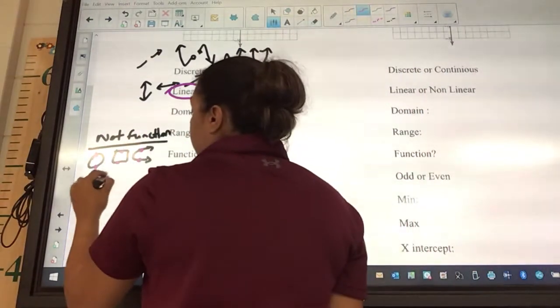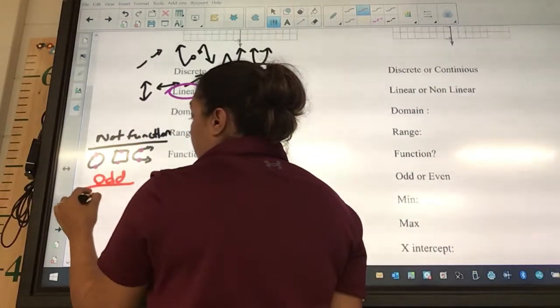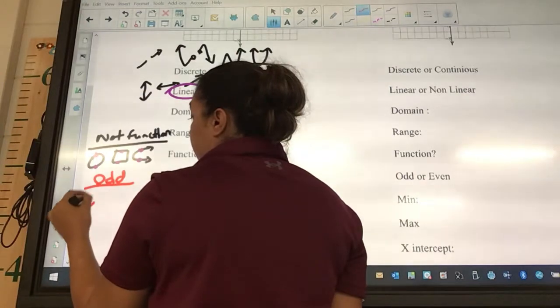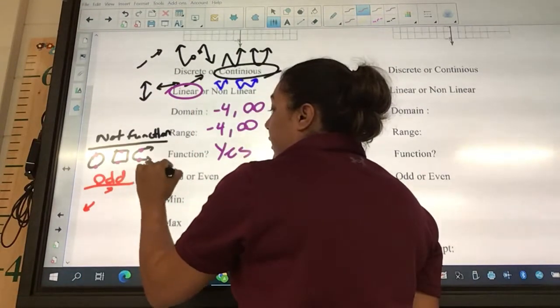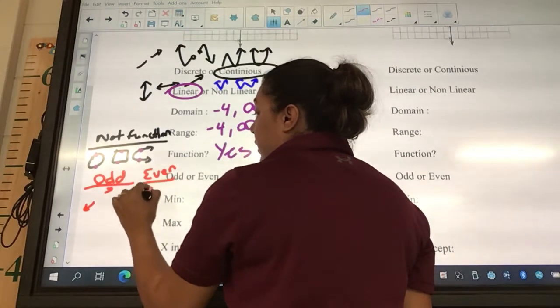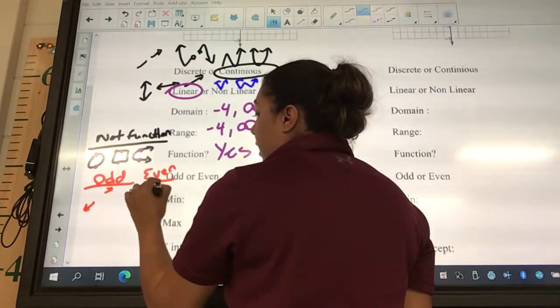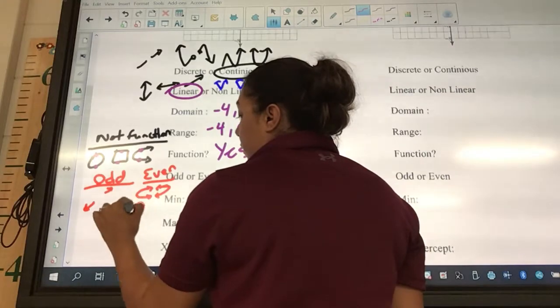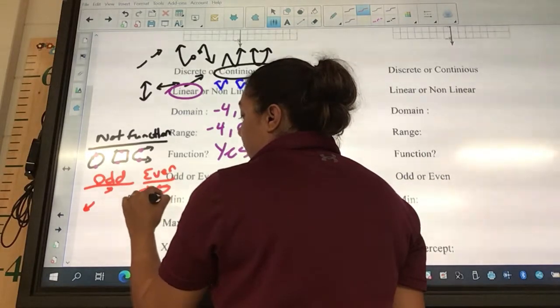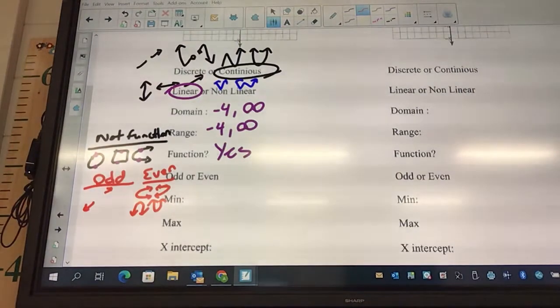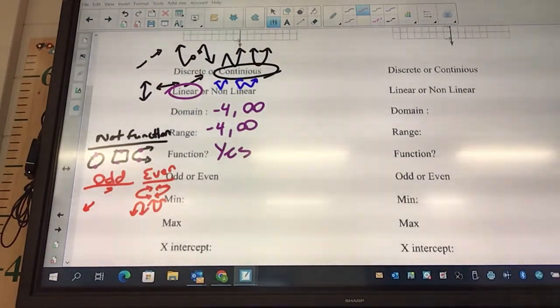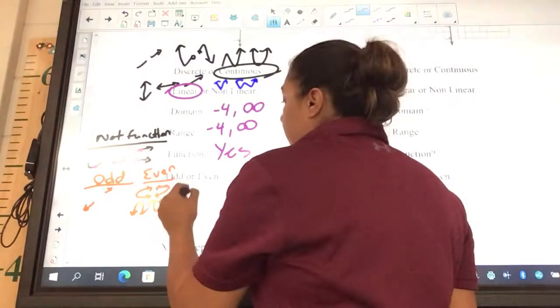Odd looks like this: one arrow's going down and one's going up. Even looks like this: they're both going to the left, or they're both going to the right. What does neither mean? Neither is like a circle or a square, where there's no lines going up or down. Okay, so that would be neither. So is this odd or even? It's definitely odd.